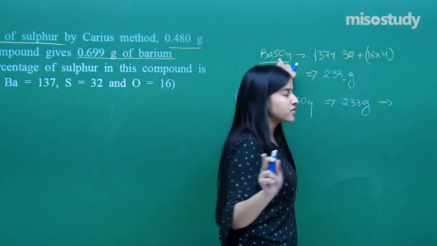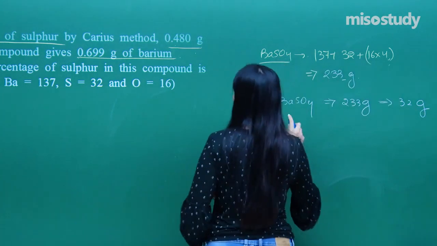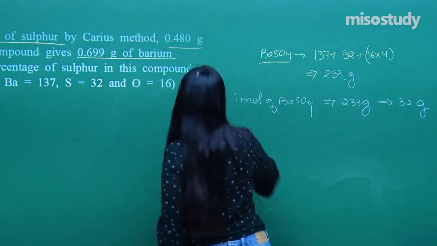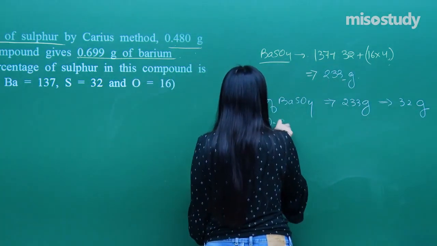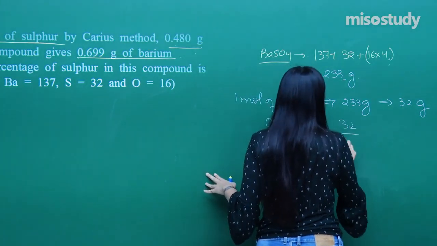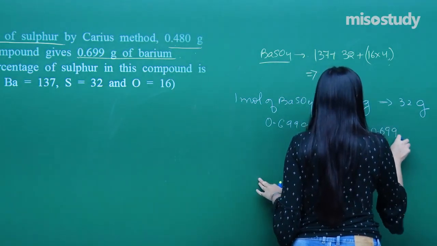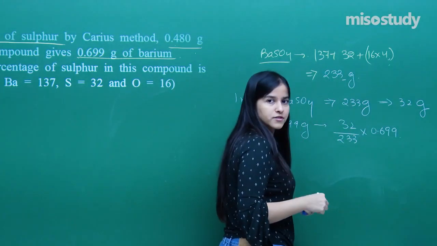We need to find the percentage of sulfur, that is 32 grams. So, 0.699 grams will correspond to 32/233 × 0.699, right?